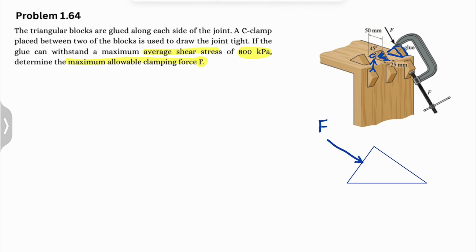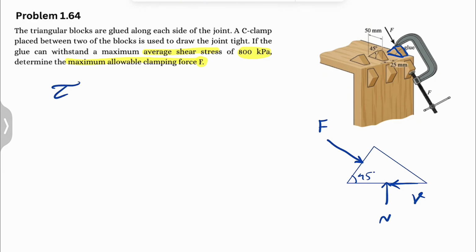From the question, we have information about the angles. We know this angle is 45 degrees, and at the glued surface at the bottom, we're going to have a normal force N and a shear force, which we can call V.